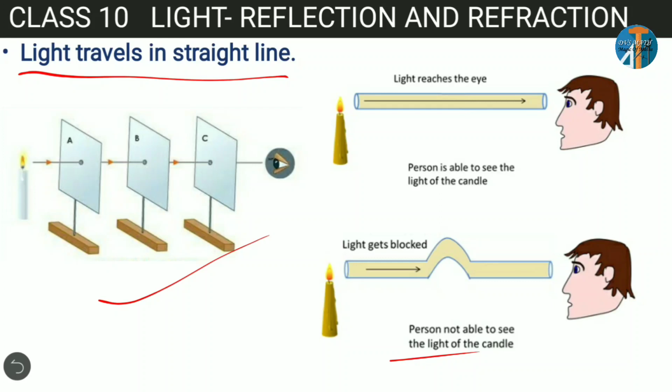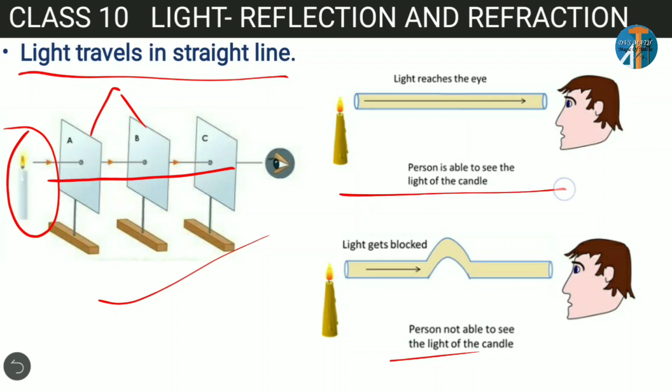Here we have three square cardboards fitted with one hole each, and a candle. If you keep the holes in a straight line, we can observe the light of this candle. If you keep one above the other like this, we cannot see it.